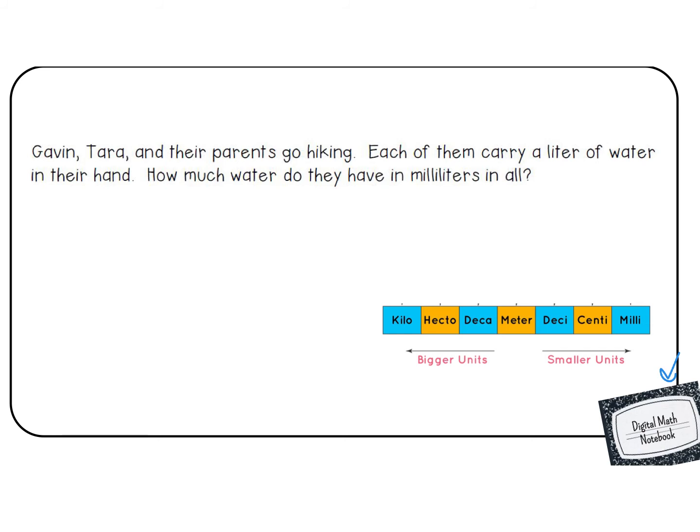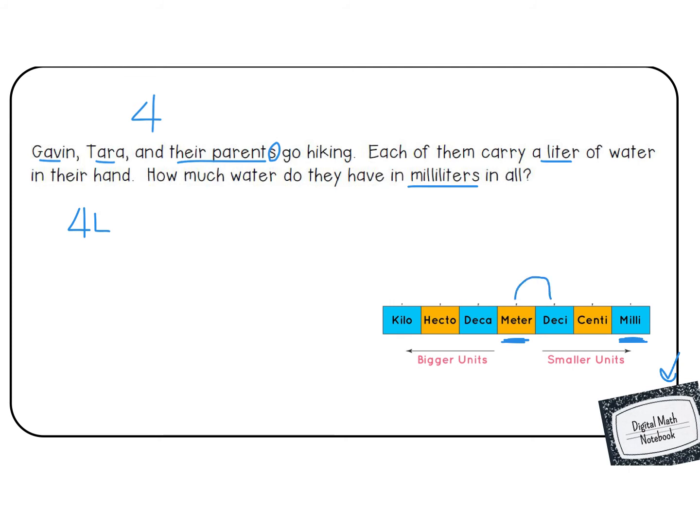So we have Gavin, Tara, and their parents. Their parents is plural, so let's assume that means 4 people. Each one of them are carrying a liter of water, so we have 4 liters. Then our question says, how much water do they have in milliliters? So liters is in the middle. Milli is way down here on the end.